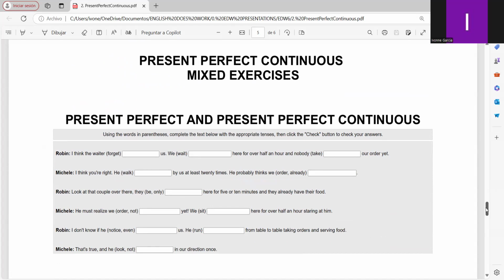We saw that group of words in the last conference. Remember, we have yet, we have already, we have since. Remember? Do you remember?